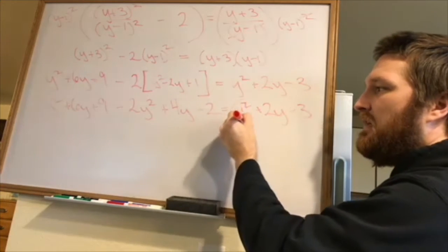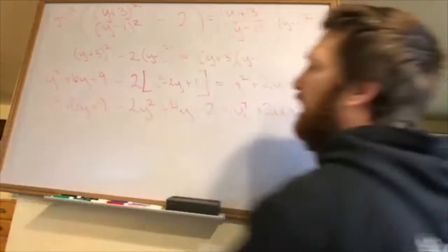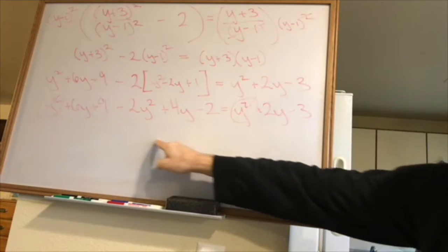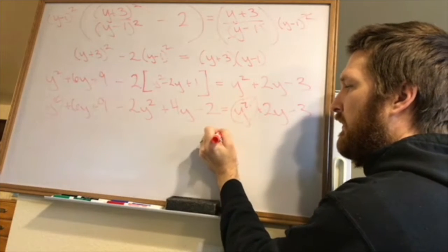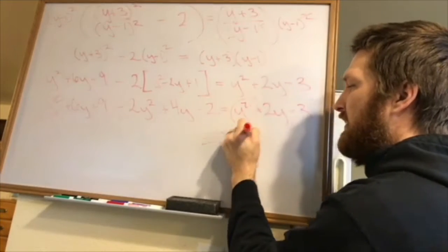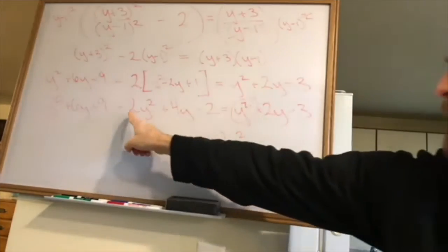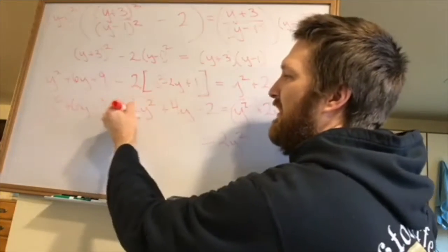If I subtract y squared from both sides, that's gone. And now I'm going to bring this positive 2y squared over here. I added it over to this side to take care of it. So that is good.